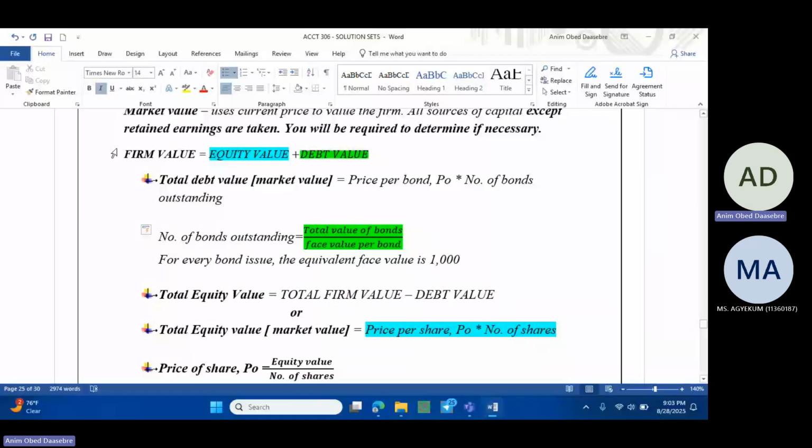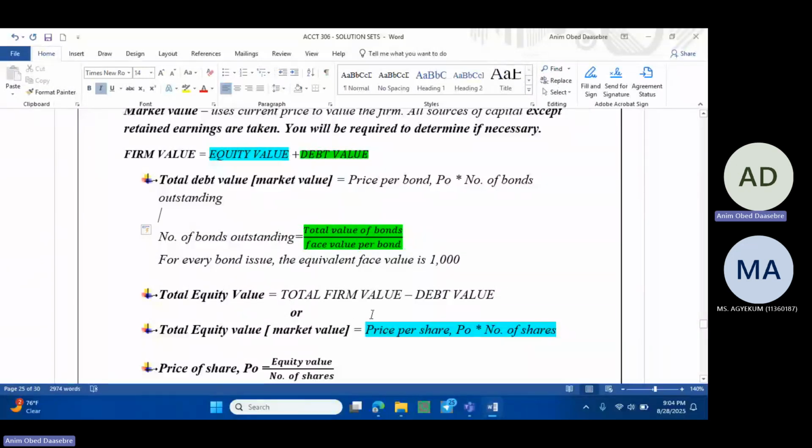Total value of firm is this. So if you have the total value of the firm and after computing your total debts, which is the green one, you just do your change of subject to get the equity value.